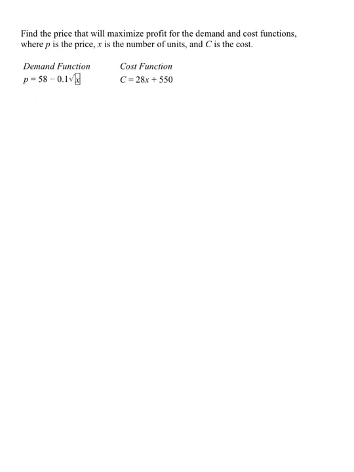Find the price that will maximize profit for the demand and cost functions, where P is the price, x is the number of units, and C is the cost. Profit is revenue minus cost.